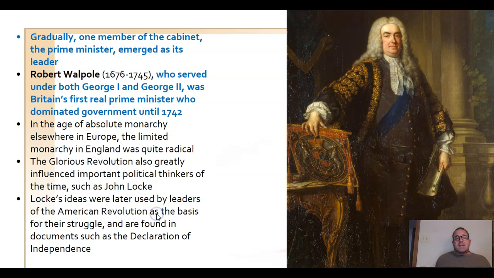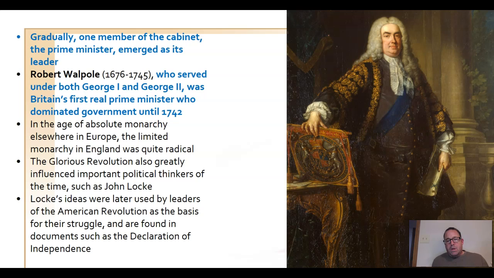And then one last thing that's important to note is the emergence of a figure who is a member of Parliament but serves as a very important minister to the crown, and that position over time will be called the Prime Minister.